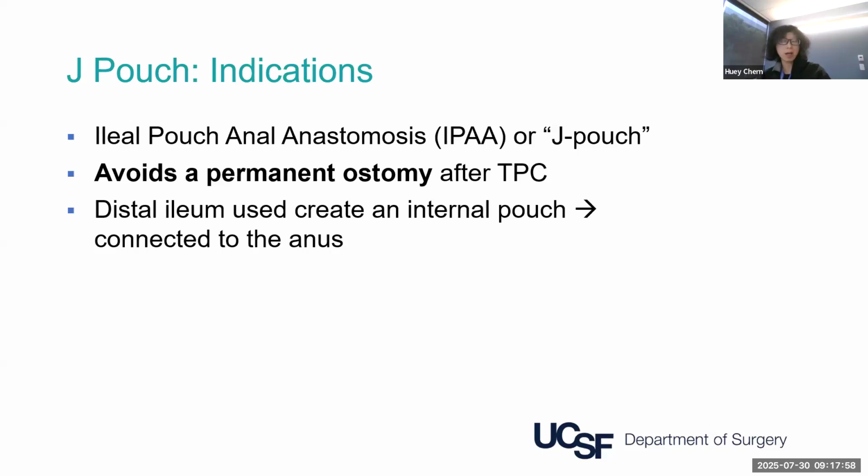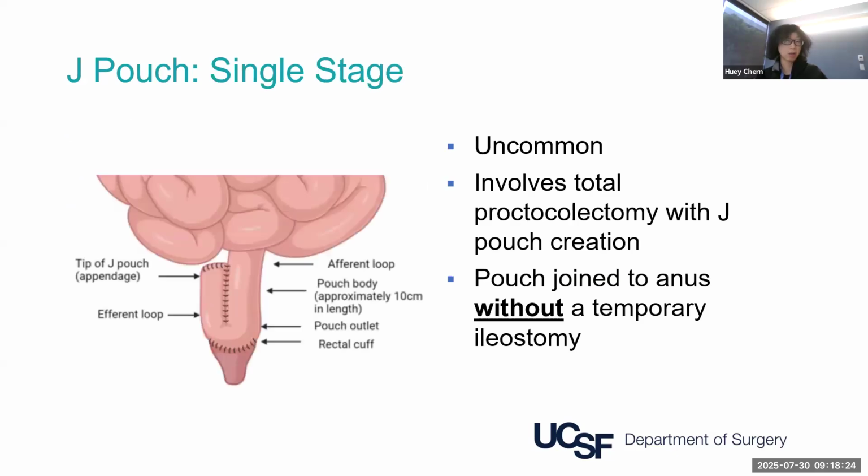J-pouch just means the configuration is in a J. There are actually different types of pouch you can formulate, like S pouch, W pouch, but J-pouch is probably the most common one that we use. In this case, the ileum is used to create that internal pouch that mimics the rectum and connects to the anus.